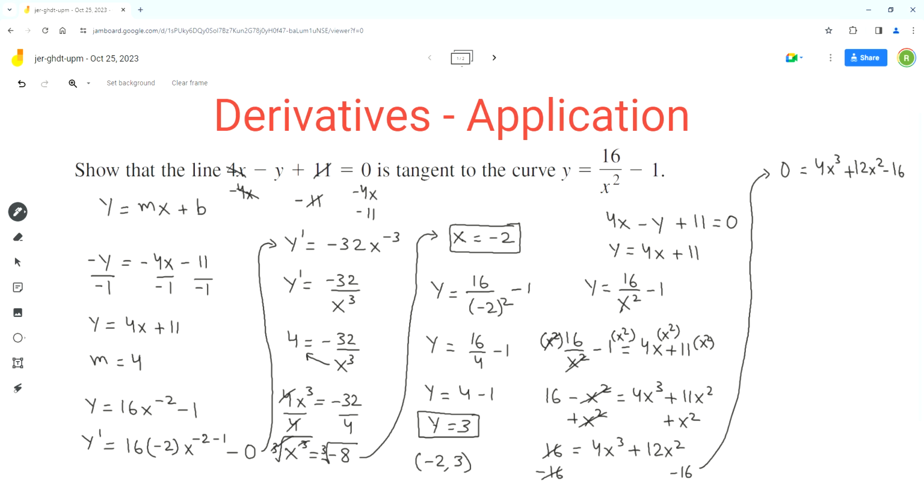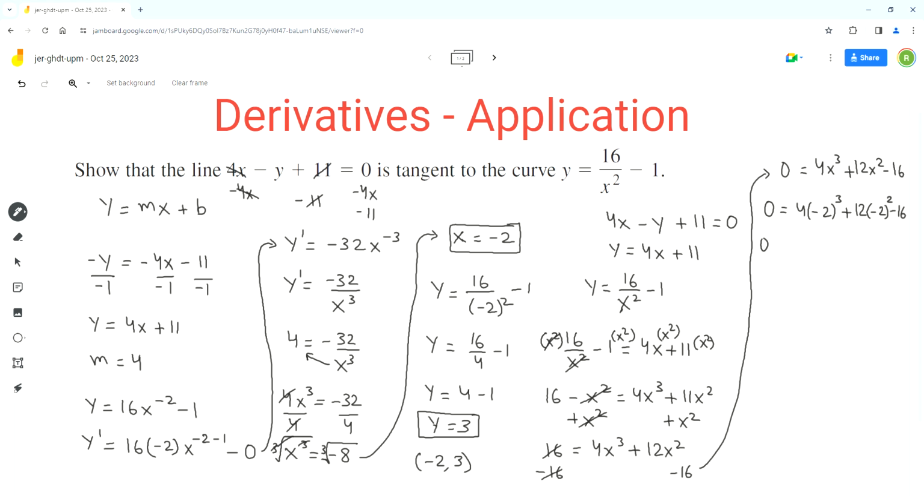Now we have to check whether this point that we found from the slope information satisfies this equation. So we sub in x as negative 2 and we see whether the left side becomes equal to the right side. So 4 times negative 2 cubed plus 12 times negative 2 squared minus 16.